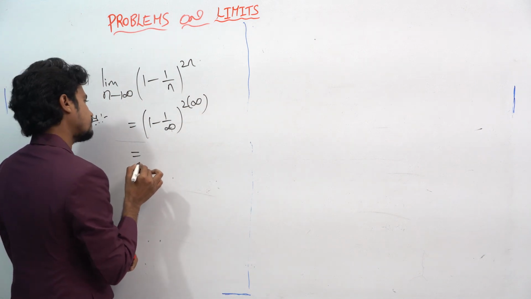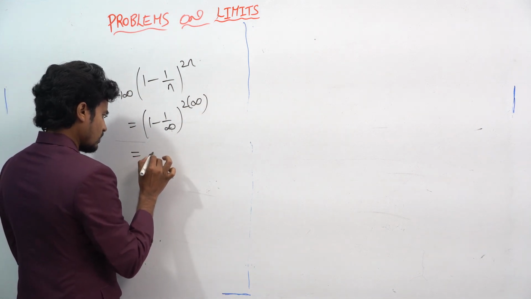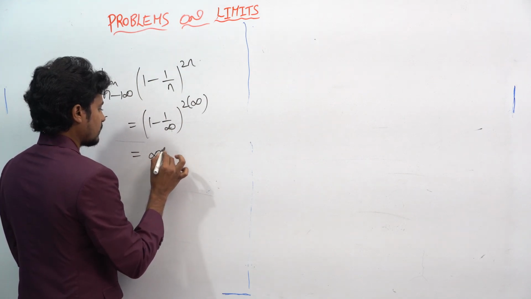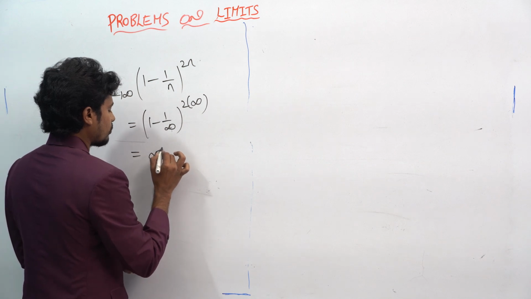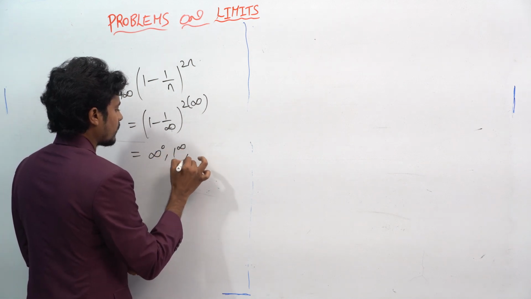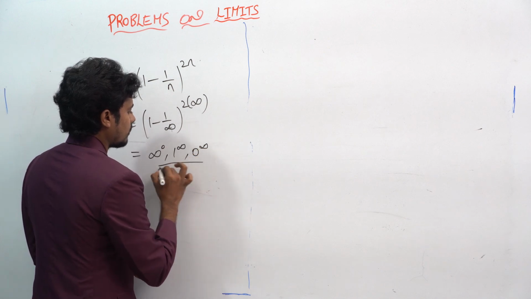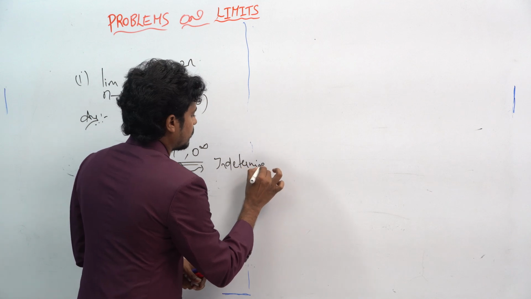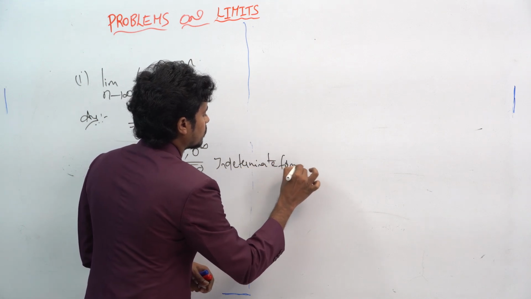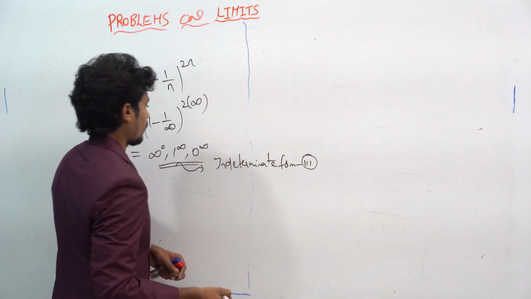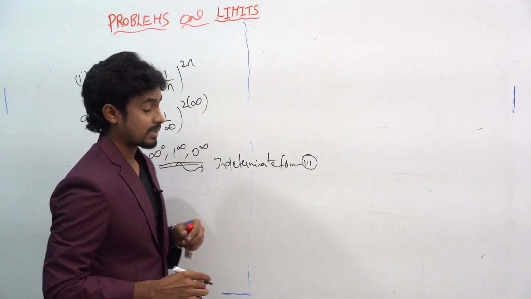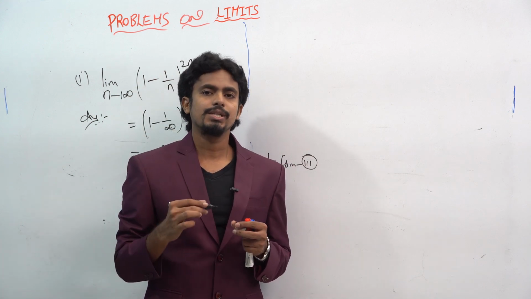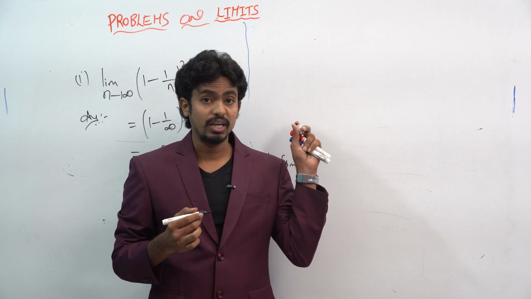So this is the 1 power infinite case, right? 1 power infinite, infinite power 0, or 0 power infinite. That means this is the indeterminate form 3. You will get this criteria if you solve this.